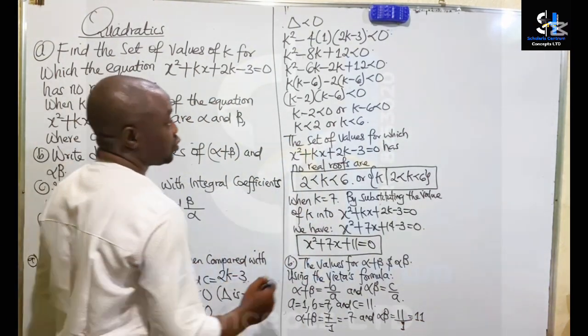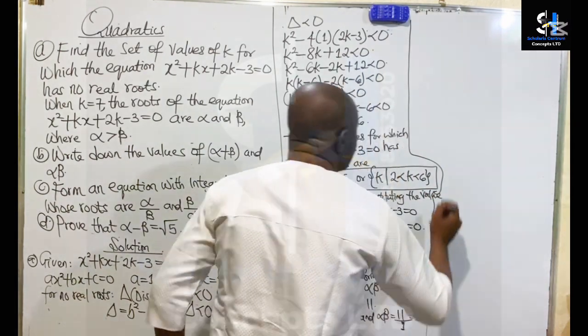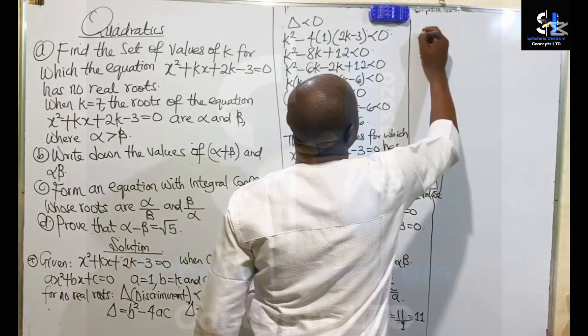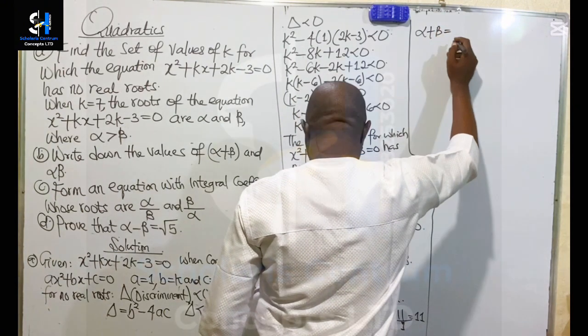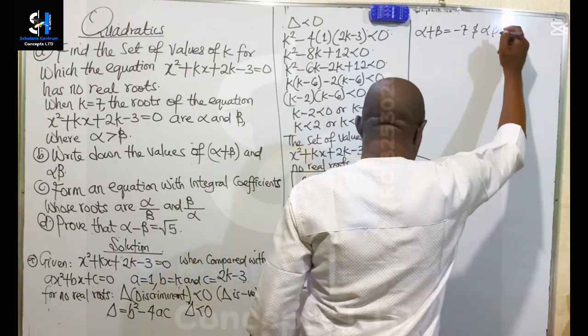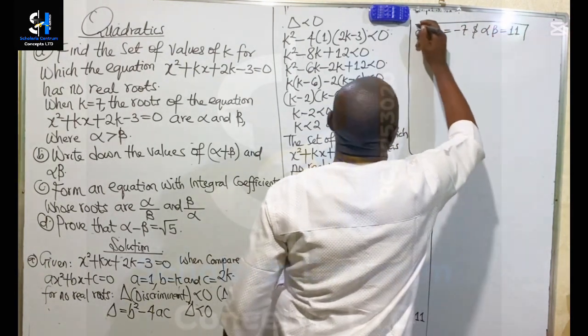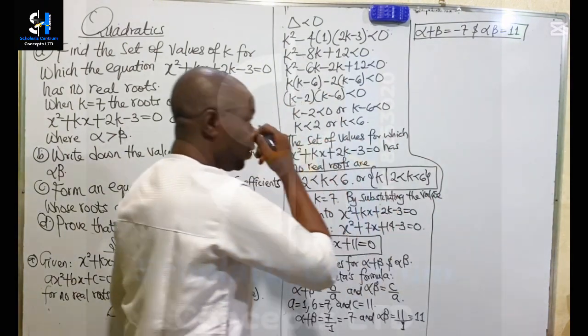So these are the values. We can then say that alpha plus beta equals minus 7, and alpha beta equals 11. This is the answer to the second question.